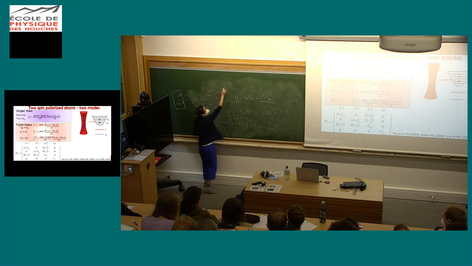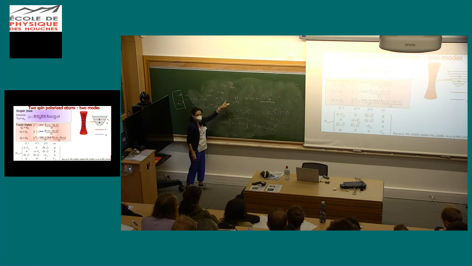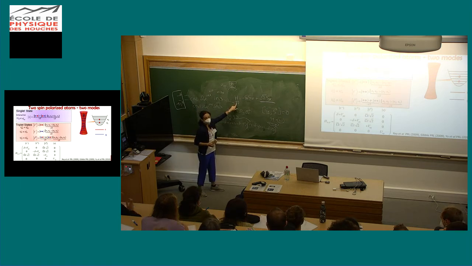Remember, the harmonic oscillator length is the square root of h bar over m omega. So in principle, this matrix can be slightly different if they are in two different modes. But the difference can be very tiny if eta goes to 0, because the Laguerre polynomial of 0 is 1.